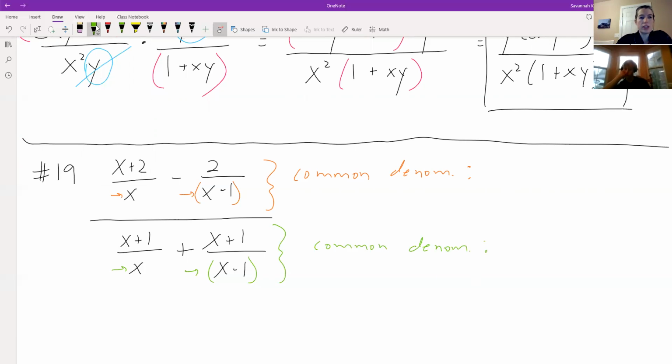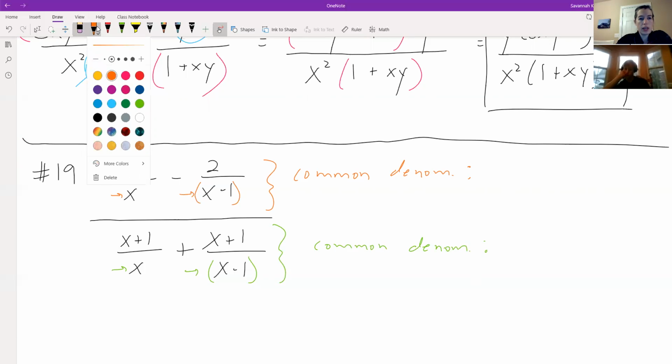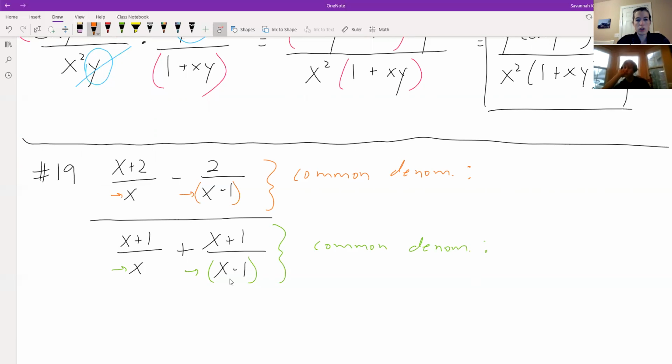And the trick to this, one of the reasons that I enclosed those little subtraction problems in parentheses, is because I want to be able to correctly identify what pieces I have available to put together to make a common denominator. It looks like I have x to the firsts, and I have x minus 1s to the first up top. Those are my pieces that I can play with.